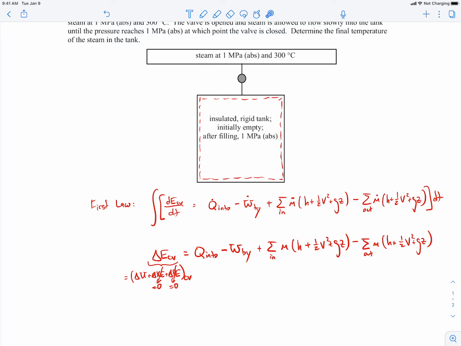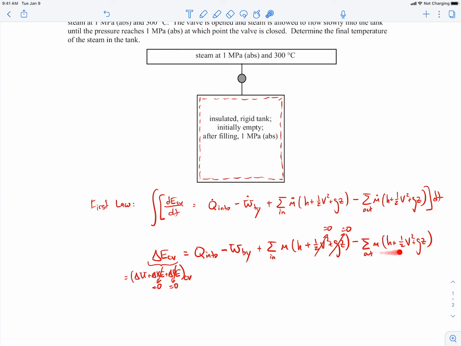Similarly, I'm going to assume that the kinetic energy and potential energy coming into the control volume is not a factor, that the specific enthalpy really dominates the flow coming in. So I'm assuming these quantities are small compared to the specific enthalpy, which is probably a pretty good assumption as long as this pipeline isn't, if the cross-sectional area of this is microscopically small, then it's possible these could be significant, the velocity in particular, but we're not going to assume that that's the case.